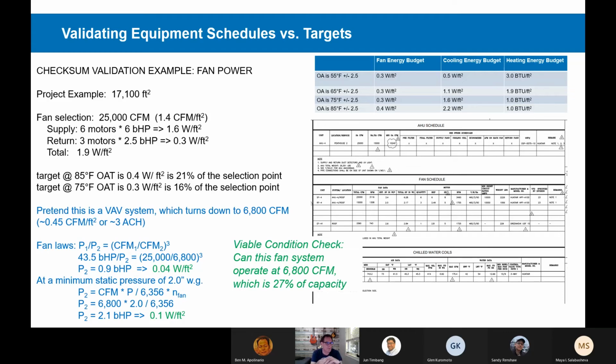We've found this question to be a bust in cases, particularly in DX units. We've had cases where the DX units are set with a manufacturer limit of 50% turn down. So a 25,000 CFM unit wouldn't be able to turn down any further than 12,000 CFM. So we need to do this viability check.